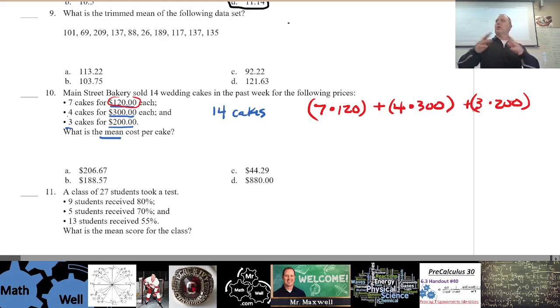So instead of writing it all out as an addition, you can simplify a bit and write this out as multiplication. So 7 times 120 is, what's that? 7, 8, 40. 4 times 300 is what, 1200?